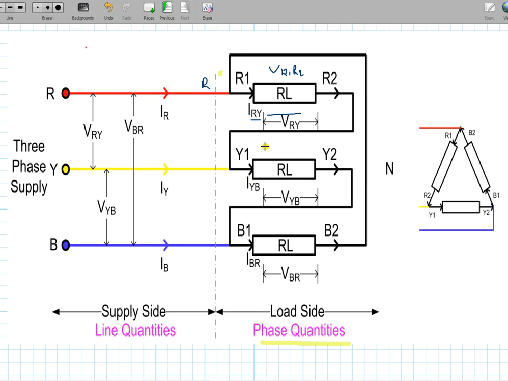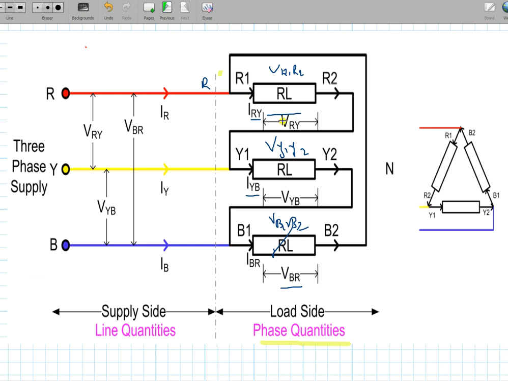Similarly, this voltage is VY1Y2, but Y1 is connected to the Y phase and Y2 is connected to the B phase. Hence this voltage is VYB and the current flowing through this is IYB. Similarly, this voltage is VB1B2. B1 is connected to the B phase and B2 is connected to the R phase. Hence the voltage across this is VBR, and the current carried by this is IBR.